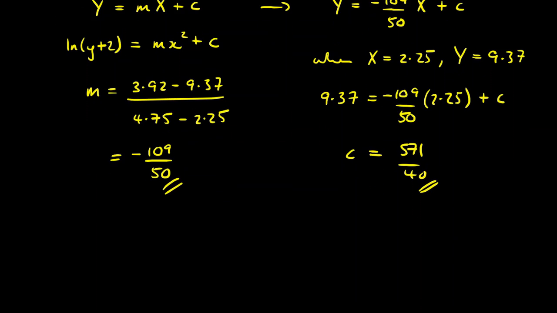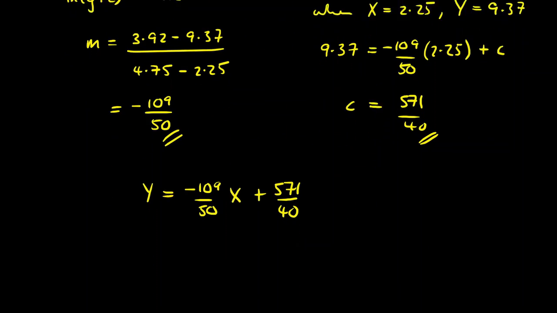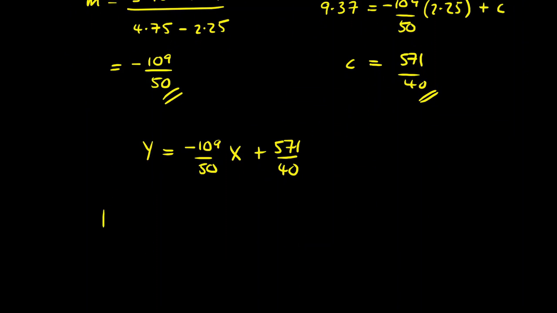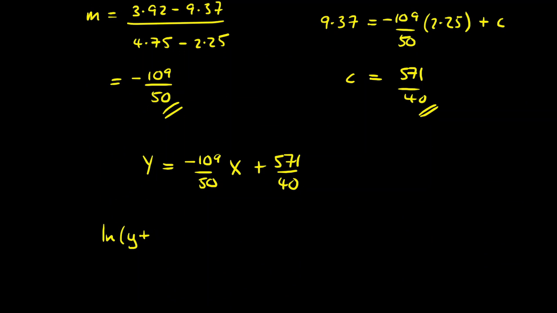So therefore, I can write my equation as capital Y equals minus 109 upon 50 big X, plus 571 upon 40. Well, now, if I want to find my equation for y in terms of x, I just need to replace things. So I need to replace the big Y with ln(y + 2), and I need to replace the big X with x squared.